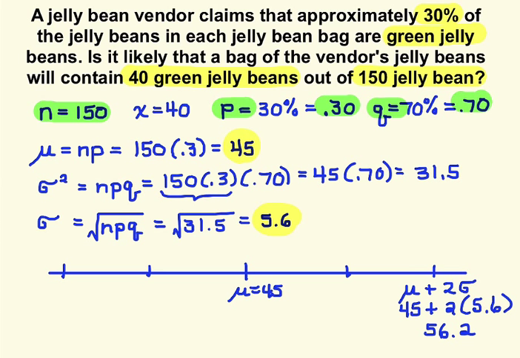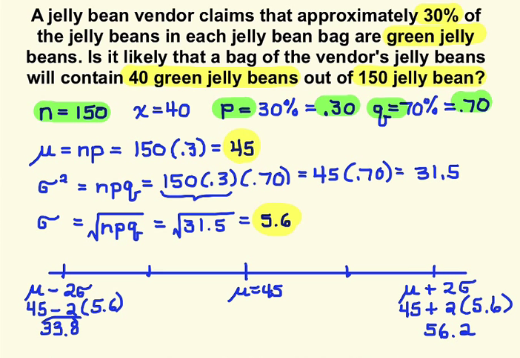Now, down below, I'm going to take my mean. This is the lower end of my range, and I'm going to subtract 2 times the standard deviation. That is 45 minus 2 times a standard deviation of 5.6, which gives me 33.8.